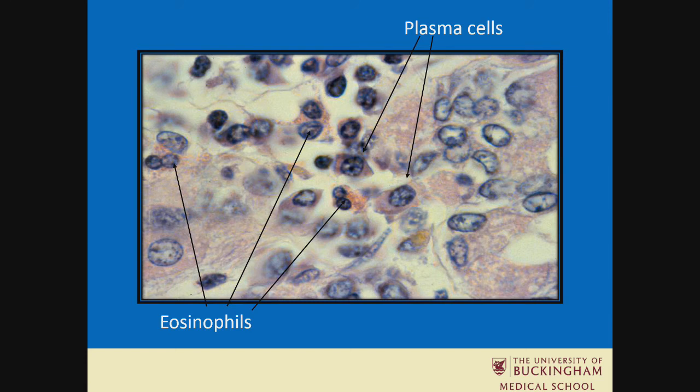Eosinophils are predominant in allergic reactions and parasitic infestations, worm infestations, because the protein from the eosinophils can kill these parasites or worms.